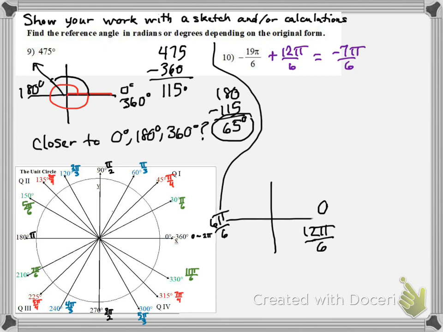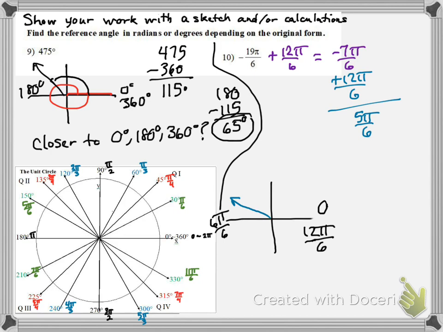So I think I will take that one and add another 12 pi over 6. So now I have 5 pi over 6. Here's 6 pi over 6, so it's going to be over here somewhere. It's got a couple spirals in it because I had to readjust, but I don't care.